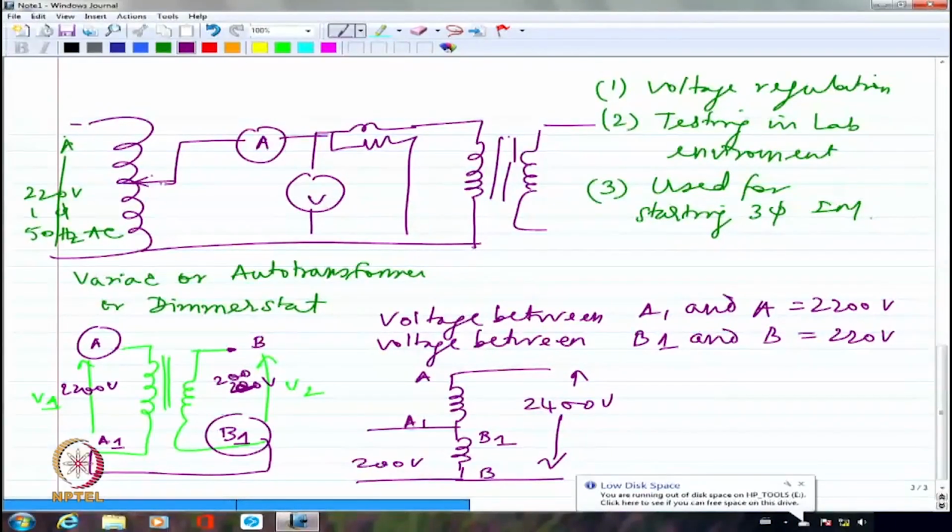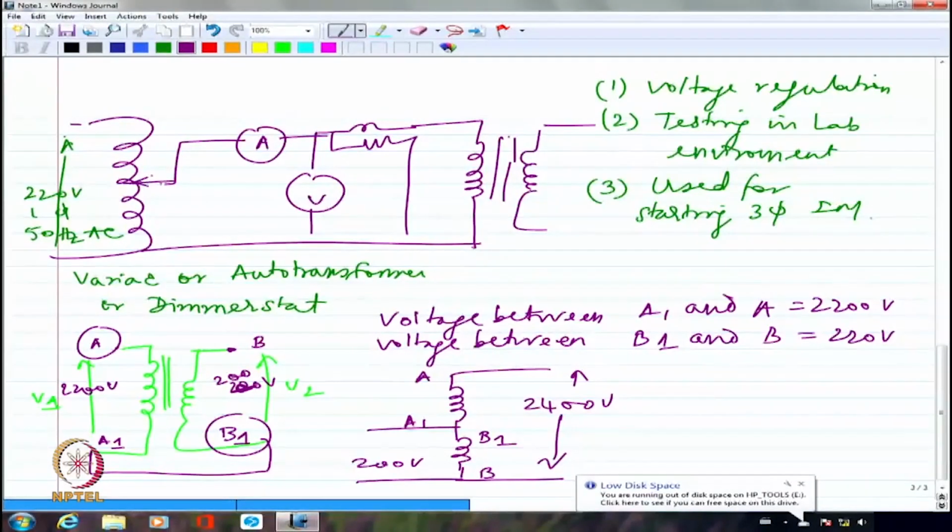that is at a particular instant, but later on during the negative half cycle you will have the same thing reversed. See, B is at a higher potential than B1, so if I call this plus, this is minus. I should also call this minus and this plus. Only if I connect plus to minus will I have basically series addition, isn't it?